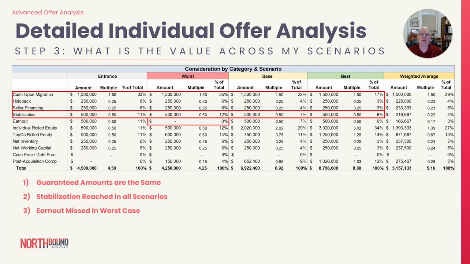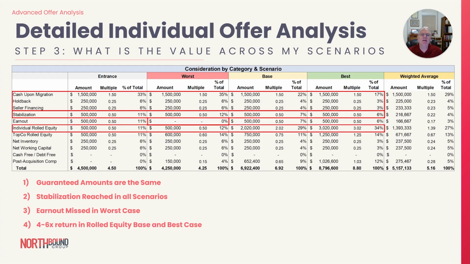Where things start getting different is that in the worst case scenario, where you're not growing that much, you in this offer are missing out on the earnout, but in the base and best case scenarios, you are not. The individual rolled equity, as you can see, ranges in the value it returns from just getting your money back in the worst case scenario to 4 or 5 times, depending on the growth rate of your business.